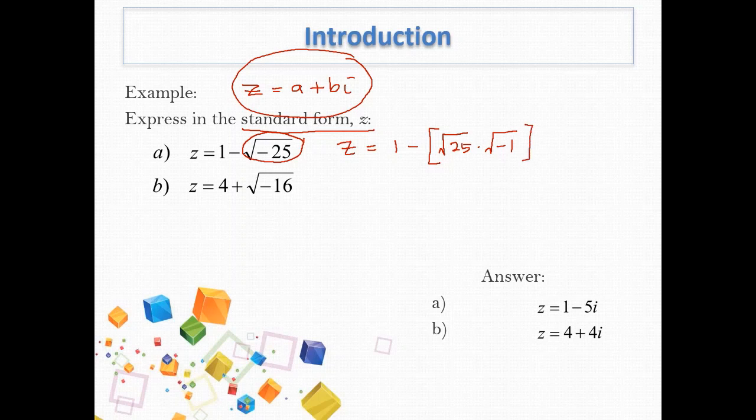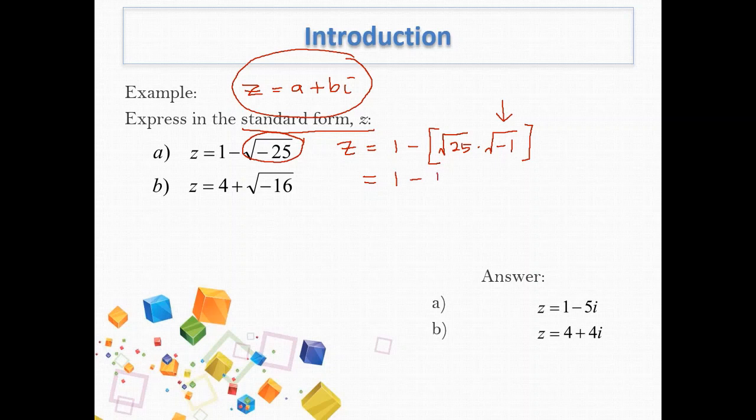The purpose we do this is so that later we can substitute square root of negative 1 with the imaginary number.